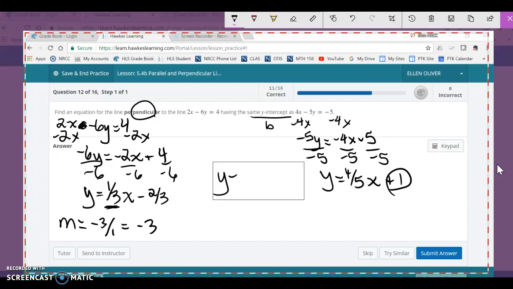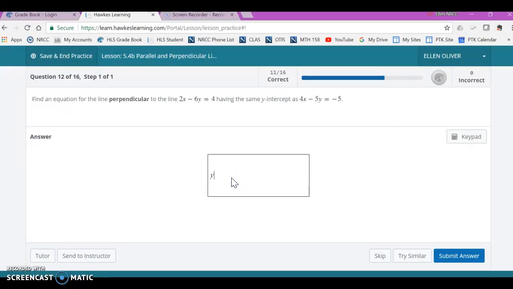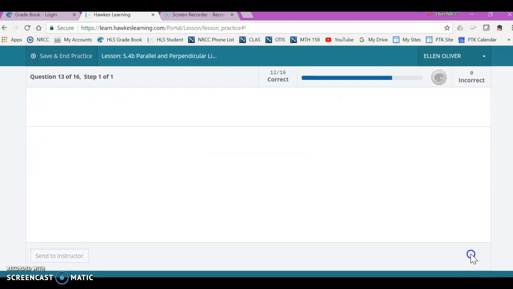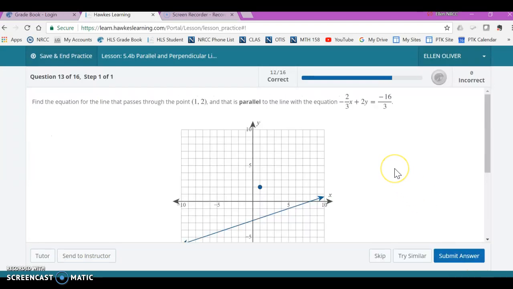So mine is going to be y equals negative 3x plus 1. See if I can remember that. Excellent. And again, I know I'm going super fast because I need to fit this video into 15 minutes or it will cut me off. And you can stop and rewind and rewatch as much as you need.